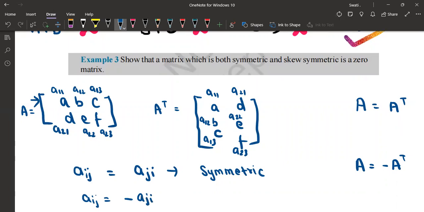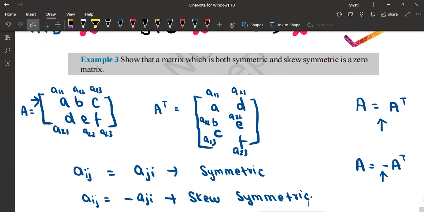Of course, the minus sign is only getting added in this one. So there will be just a minus sign that I will add here. Okay, so this is called a skew symmetric matrix. All right. Now, let's start with the proof.